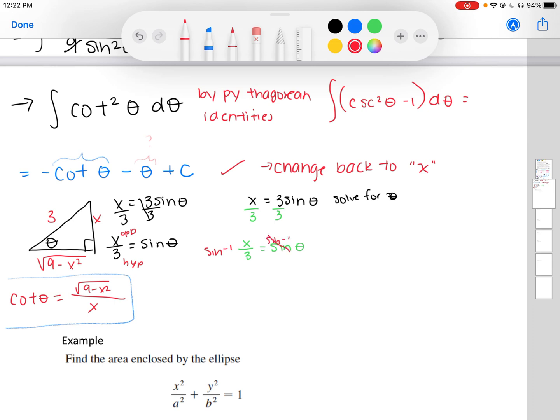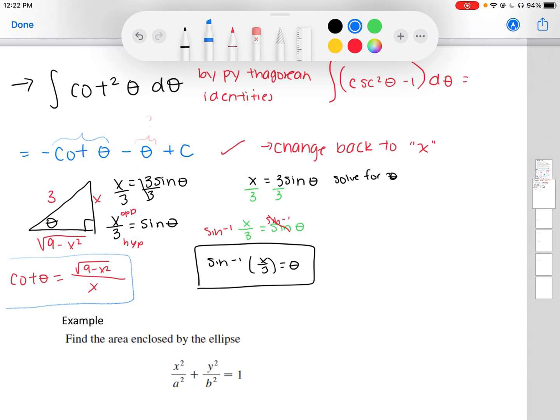So they undo each other, and we're left with sine inverse of x over 3 is equal to theta, which is the other piece of our puzzle. So let's fill these pieces in. So we're going to let cotangent of theta equal the square root of 9 minus x squared divided by x, and we're going to let theta be sine inverse of x over 3.